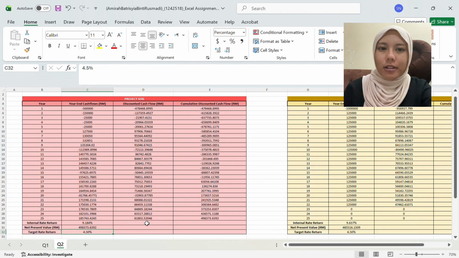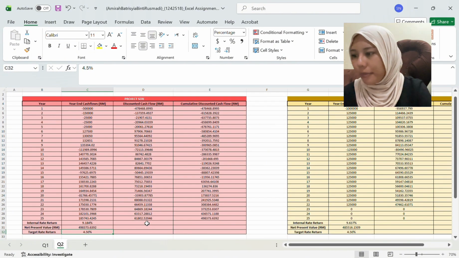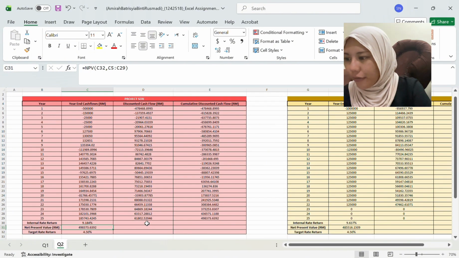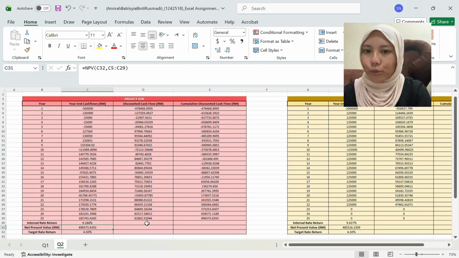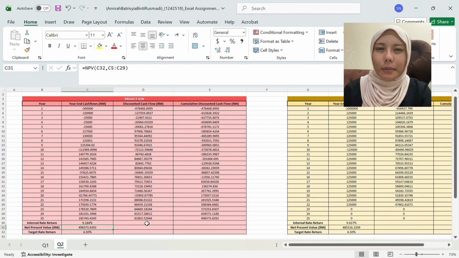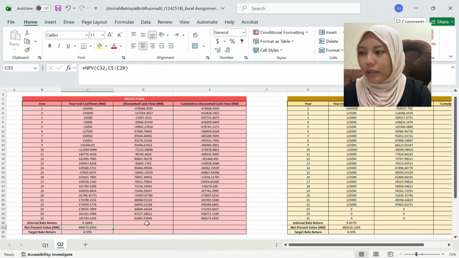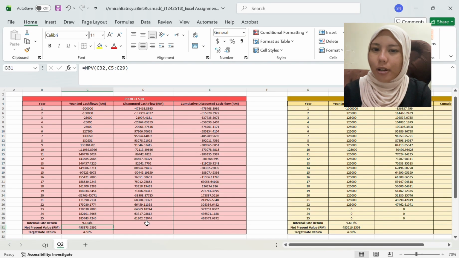Project Seri generates an NPV of 498,373.6392. Both positive NPVs confirm value creation, but Project Seri creates RM12,857.49 more in total net wealth.